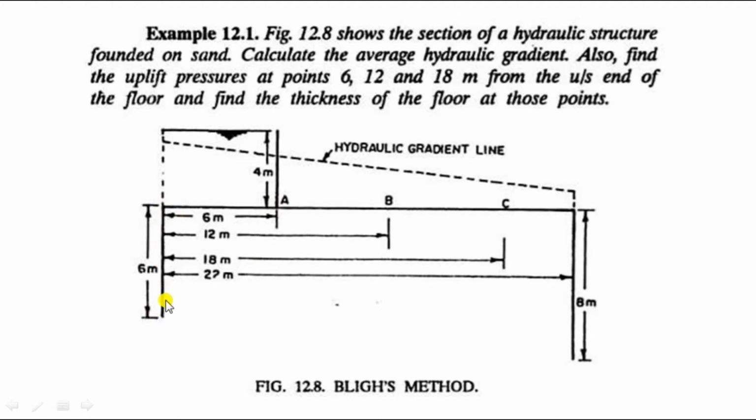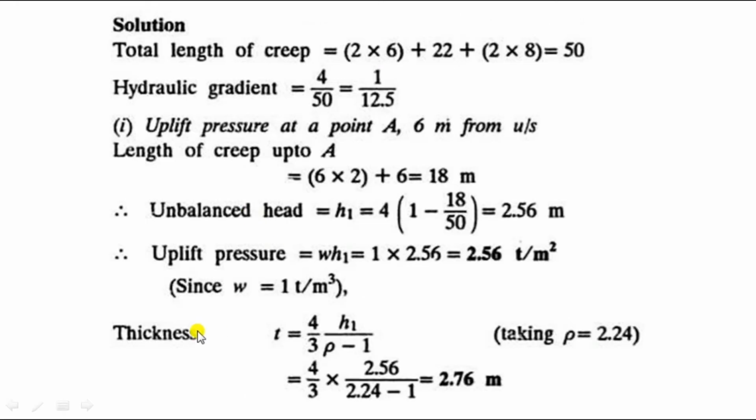The sheet pile length is 6, 6 on this side and 6 on that side. So 6 multiplied by 2, and the floor length up to that point is 6 meter. So 6 into 2 plus 6 is equal to 18 meter. So the creep length at point A is 18 meter.